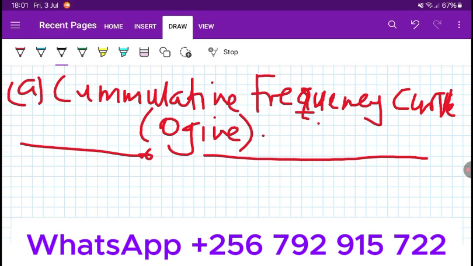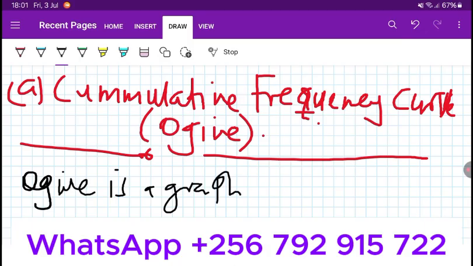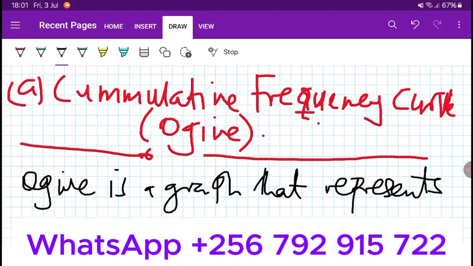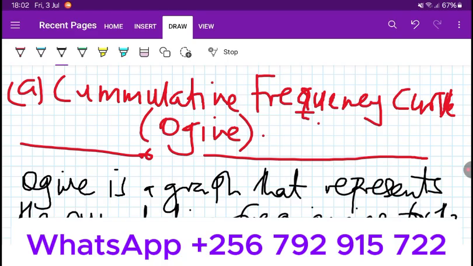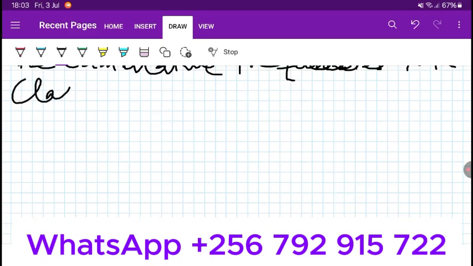So an Ogive is a graph that represents the cumulative frequencies for the classes in the frequency distribution.